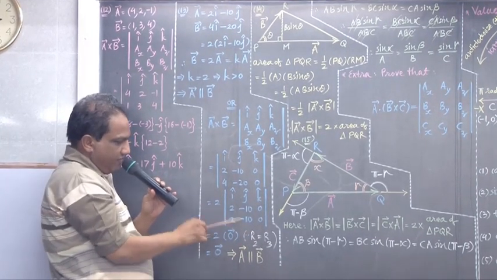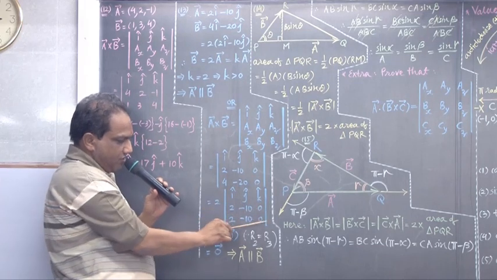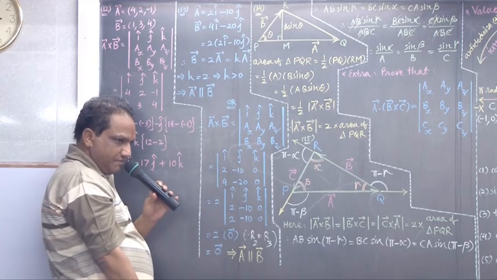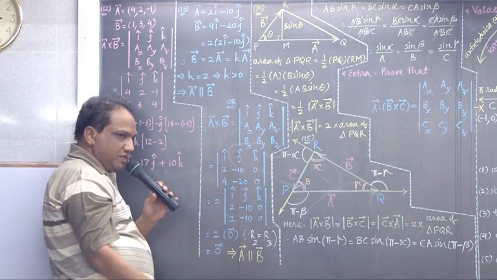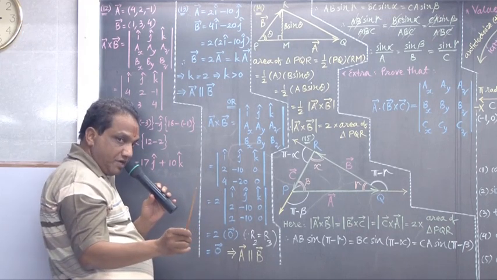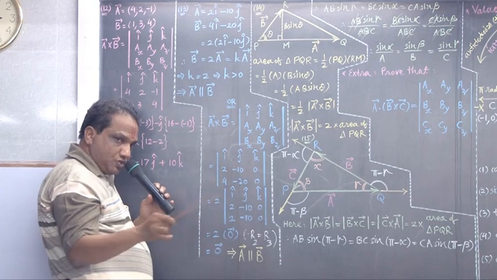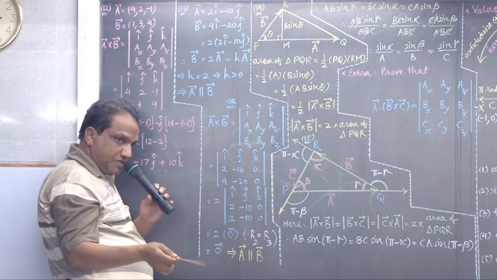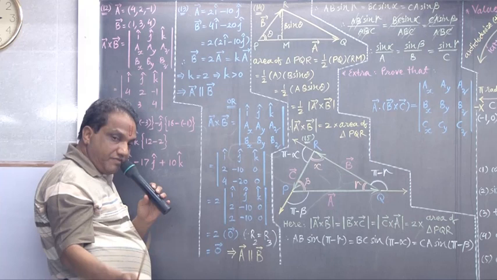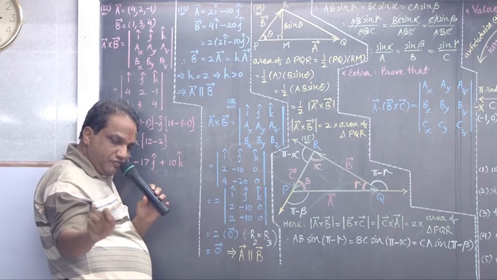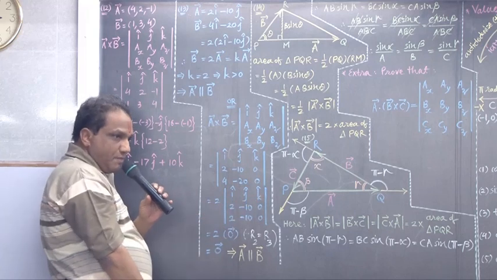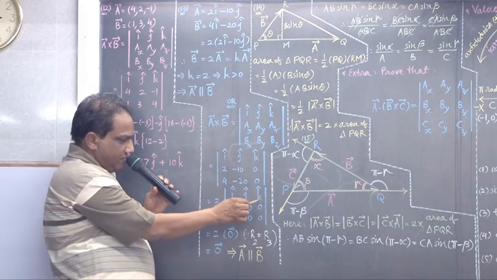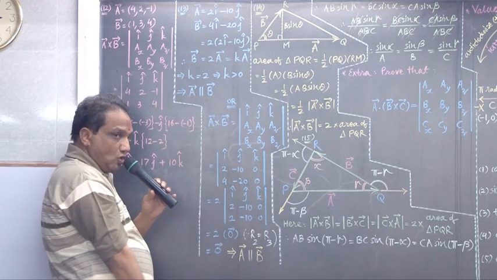Now, are the second and third rows not the same? Yes, they are the same. There is a rule for determinants: if any two rows or any two columns are the same, the value is 0. So the value of this is also 0. But because these are vectors, I should write the zero vector.